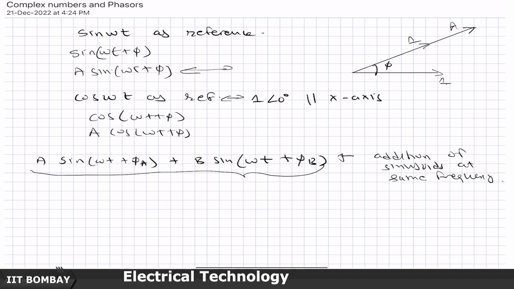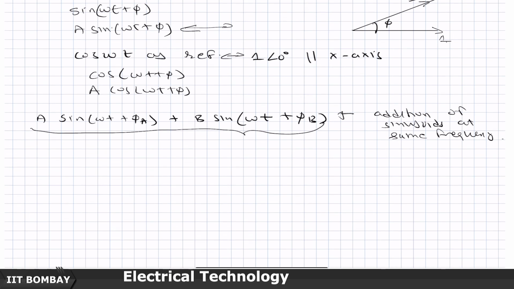Phasor addition, or vector representation of addition of sinusoids, can only be done provided all the sinusoids correspond to the same frequency. So suppose I want to do this, then what did I tell you last time?